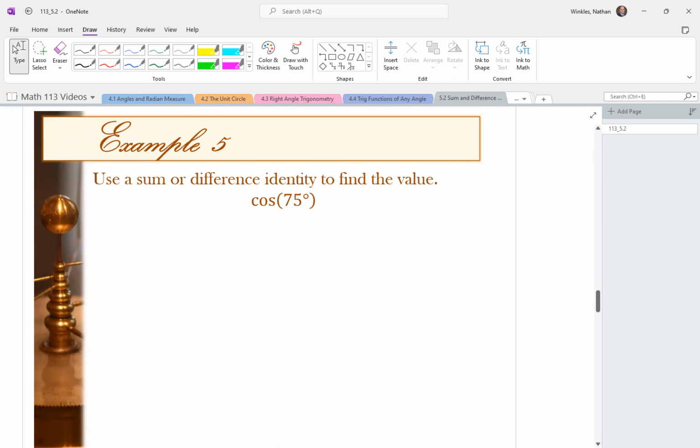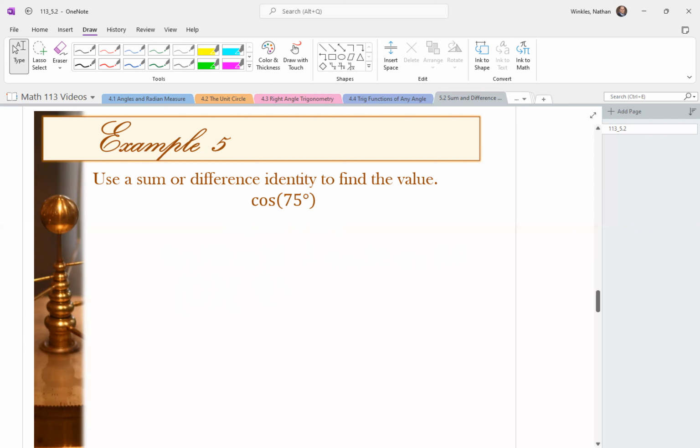So now we're not given anything for our starting piece. So that means we have to come up with what we need to do here. So cosine of 75. Anytime we see this, we want to look at that angle of 75 and ask what are some angles that we know that can either add up to 75 or subtract down to get us to 75.